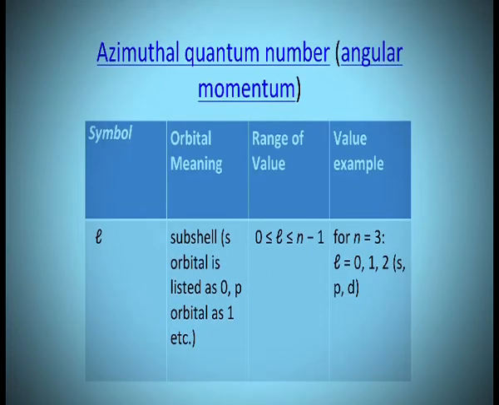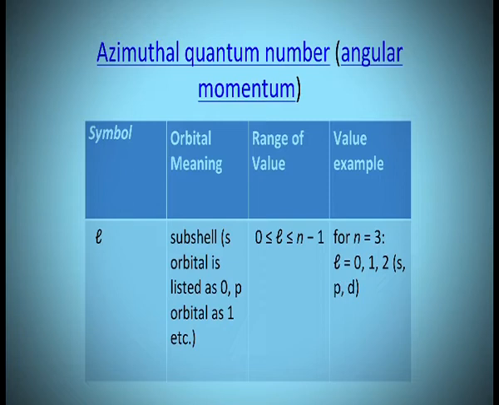Azimuthal quantum number: the value of l may be 0 or a positive integer, less than or equal to n minus 1. As you know, n is the principal quantum number. The l can be 0, 1, 2, 3 up to n minus 1.